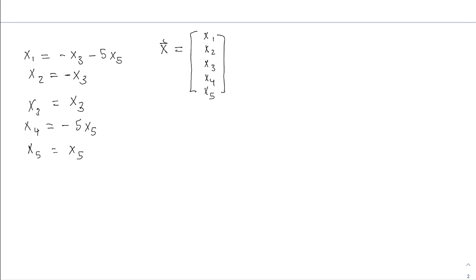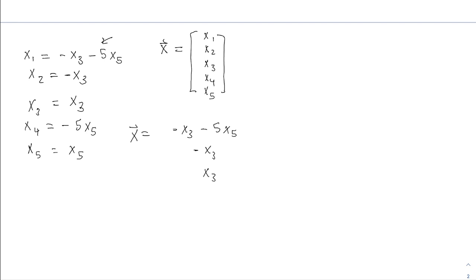So we have vector x is equal to x1, x2, x3, x4, x5. Let's try substituting in x1. As we can see right here, x1 is negative x3 minus 5x5. x2 is equal to negative x3. x3 is equal to x3.